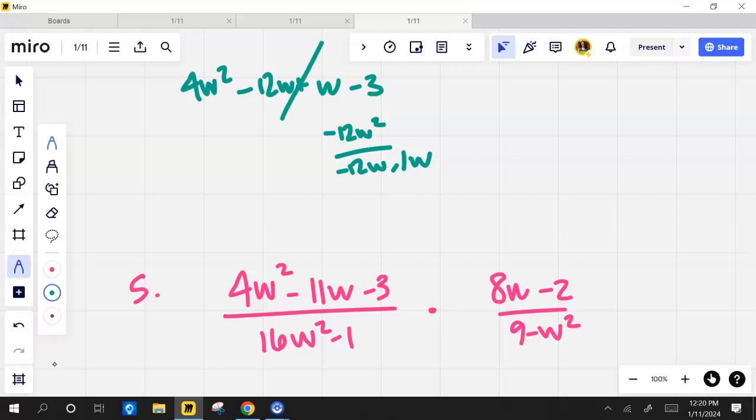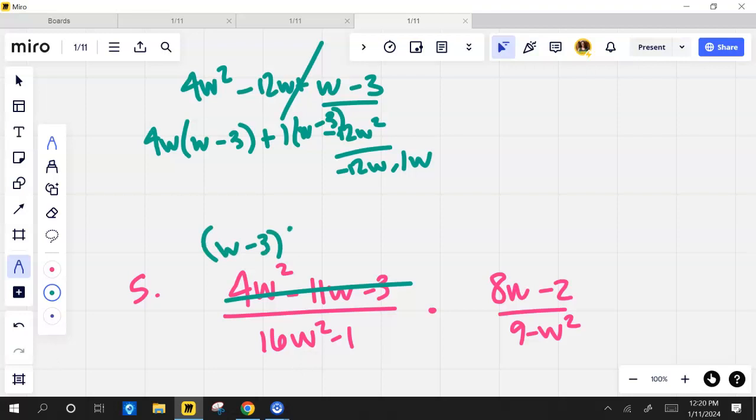What can I take out of the first two? What's left? What can I take out of the last two? 1. And what's left? So this factors as w minus 3 times 4w plus 1. Are y'all feeling a little bit better about that now?